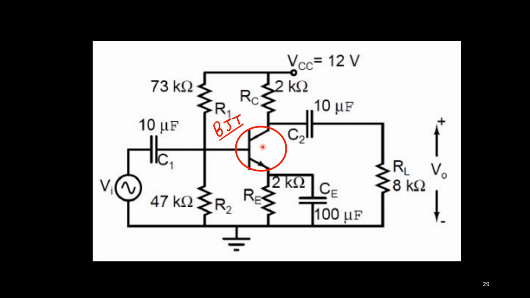You know about transistors, which I have discussed in my previous videos, that we can have four different regions: cutoff region, saturation region, forward active, inverse active. In the forward active region, the transistor is used as an amplifier. So we have to make sure that the transistor will be in the forward active region. For that purpose, we will add these elements R1, R2, RC and RE.